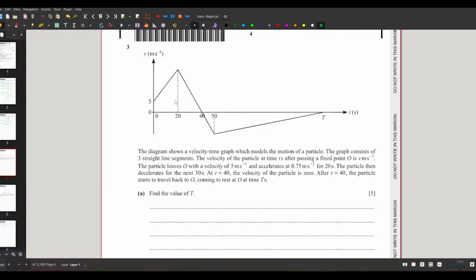The forward displacement and the backward displacement should be the same, and in that case, you can find T. But here we have another problem because we don't know the maximum velocities it reaches. So we don't know this value and we don't know this value.